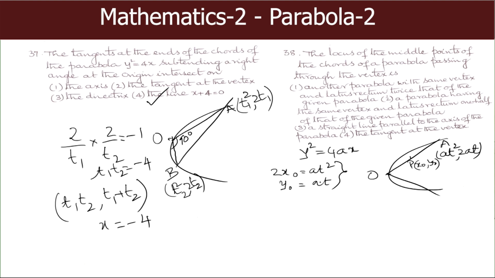So, the locus of (x0, y0), or the point P, is obtained by eliminating t from these two equations. So, 2a x0 is equal to a square t square, that is equal to y0 square. Therefore, the locus of P is the parabola y square equal to 2ax.